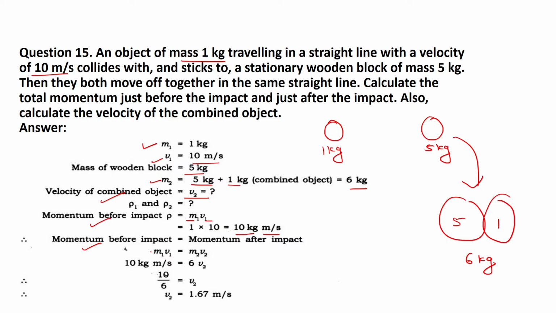It is equal to the mass when they stick together, 6 kg, multiplied by its velocity. So we get 10 is equal to 6 into v2. Then dividing 10 by 6 is equal to v2. And 10 by 6 is simply 1.67 meter per second. So this will be the velocity when these two objects stick together.